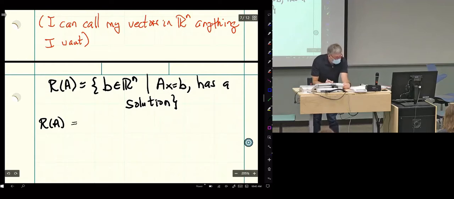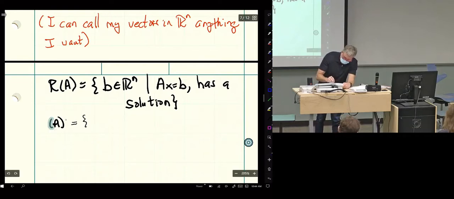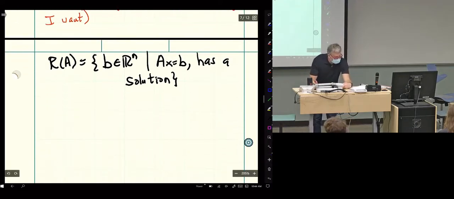What I want to say is something different, sorry. Your notes aren't as powerfully erasable as mine. So range of A is the set of all vectors B in Rn such that Ax equals B has a solution.